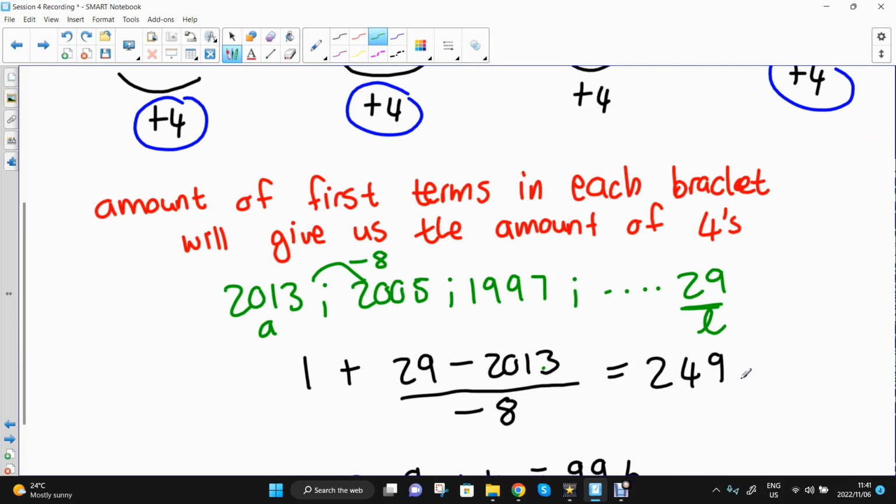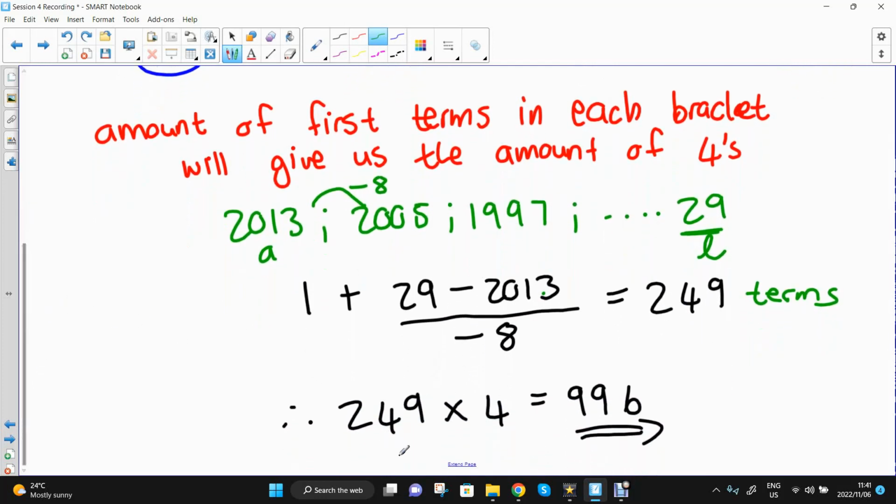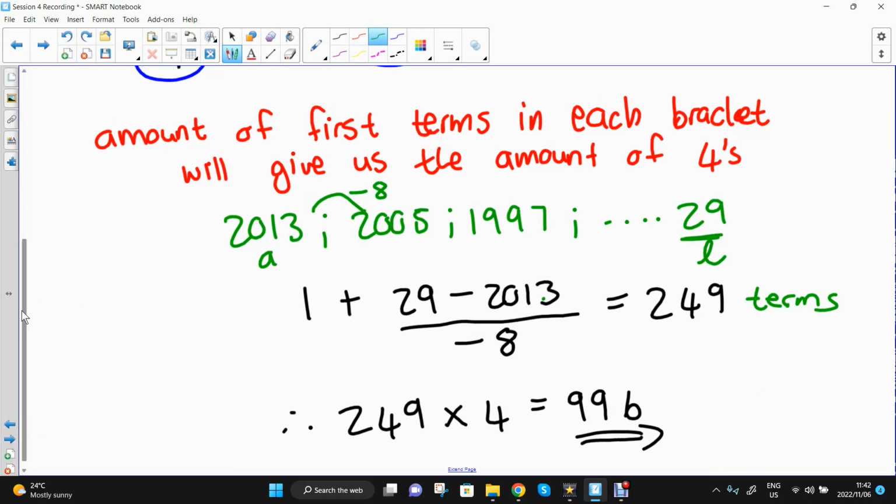That gives me 249 terms. So that's the amount of terms that I have, which means this is the amount of 4s that I have. So what's the answer then? It's 249 times 4 gives me 996. Very nice and easy way of doing this.